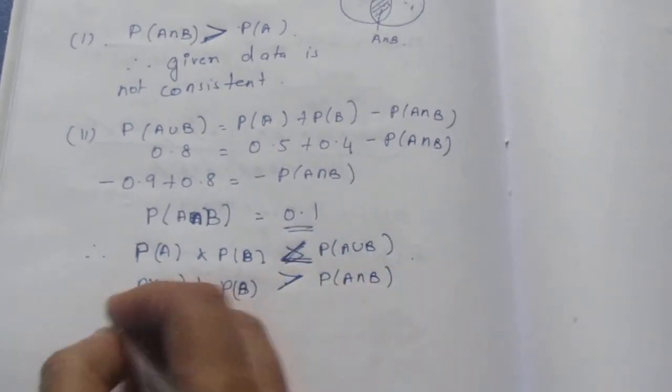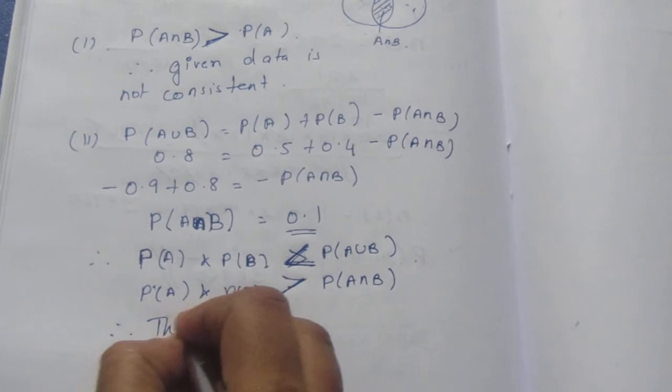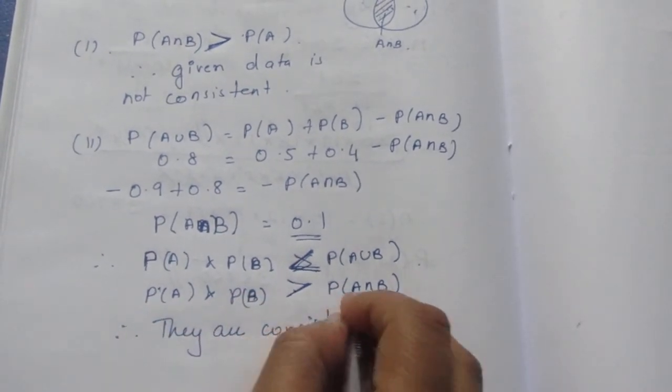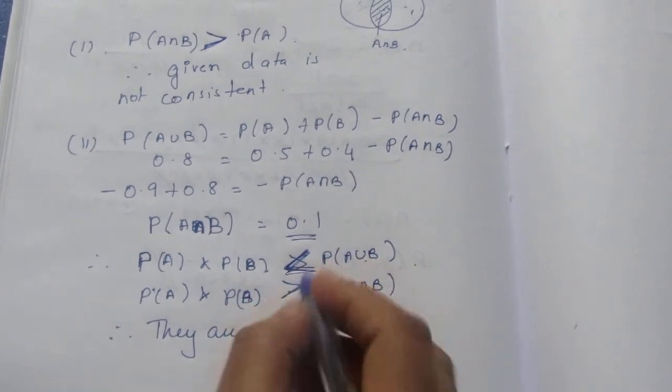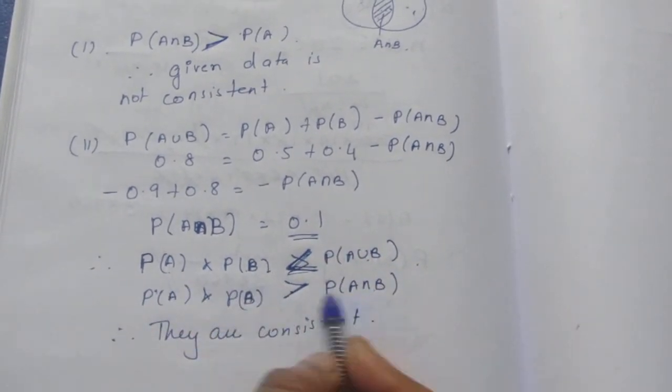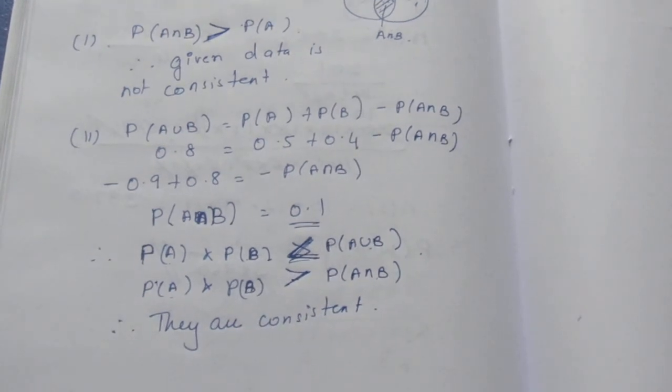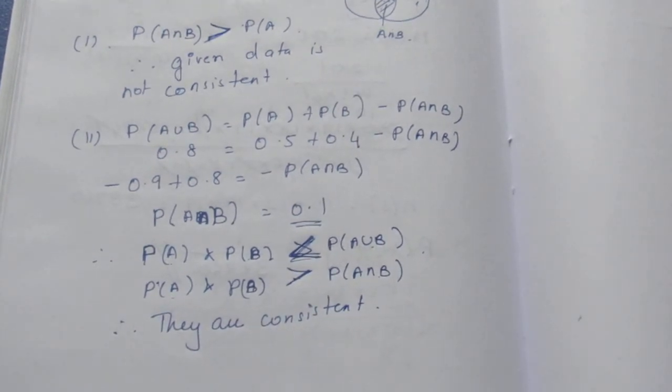Therefore we can say consistent. Here A union B is larger than P of A and P of B. A intersection B is smaller than P of A and P of B. So we can say that they are consistent. That's all with the sum. Thank you.